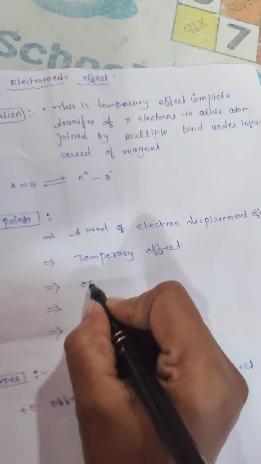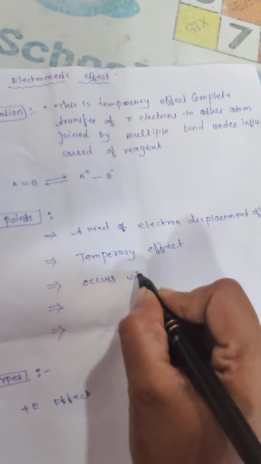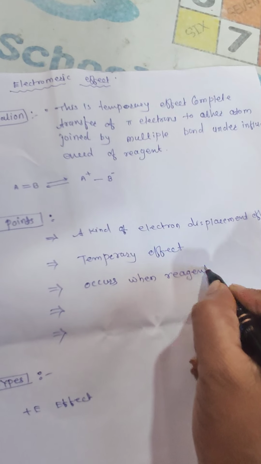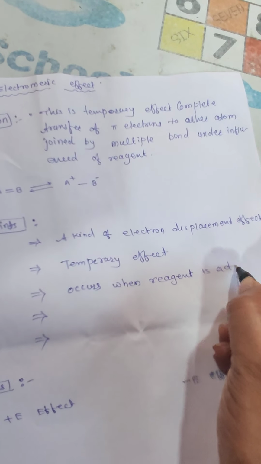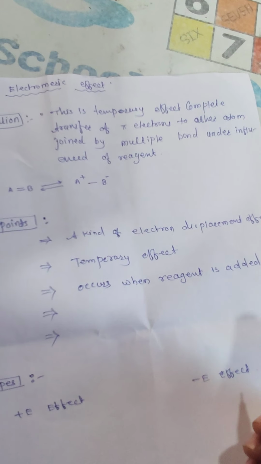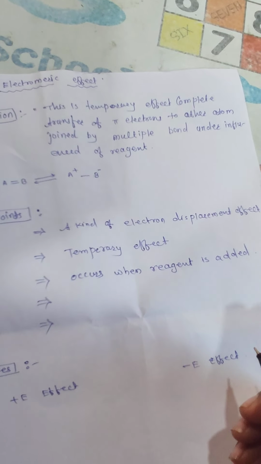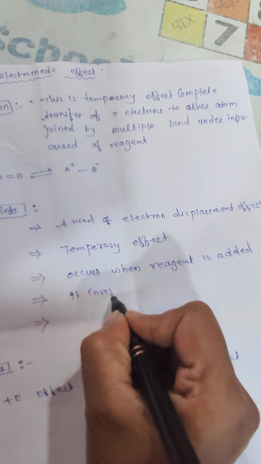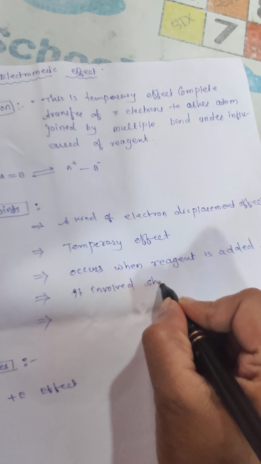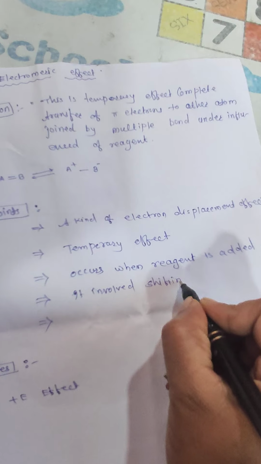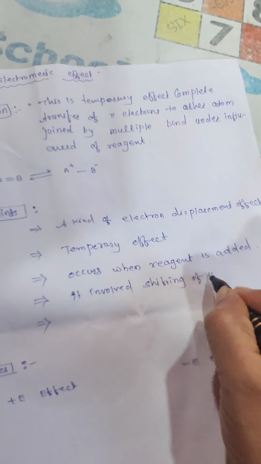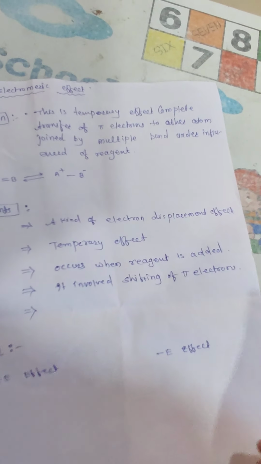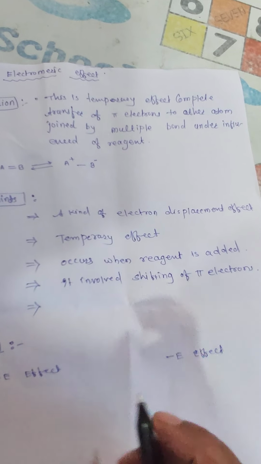It occurs when any other reagent is added. It involves shifting of pi electrons, and it is of two types.